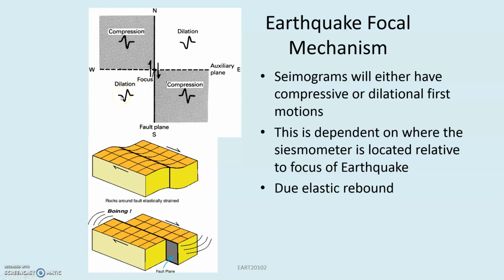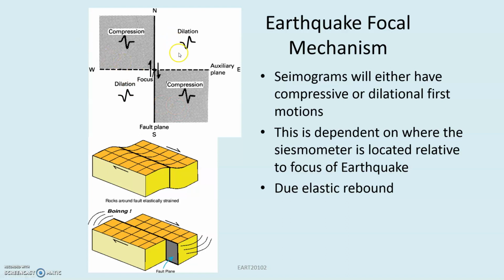Okay. So whether we get compressive or dilatational first motions will depend on where the seismometer is in relation to the focus of that earthquake, where the rupture is, and what the type of motion is on that fault.